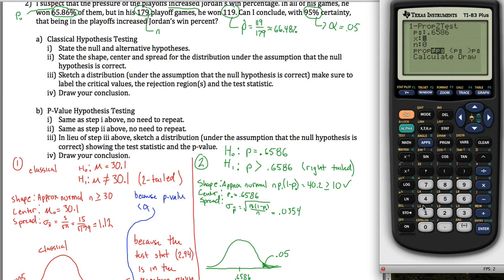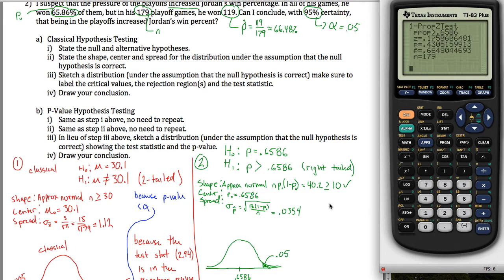It's this number right here, this 119. Your calculator doesn't ask for p hat. It asks for the two pieces that make up p hat, this 119 and this 117, and then it calculates p hat for you. Our alternative hypothesis is that p is greater than p naught.